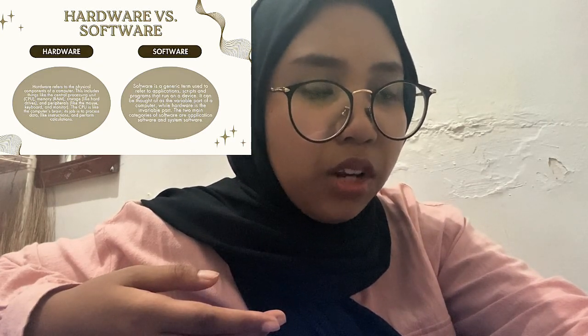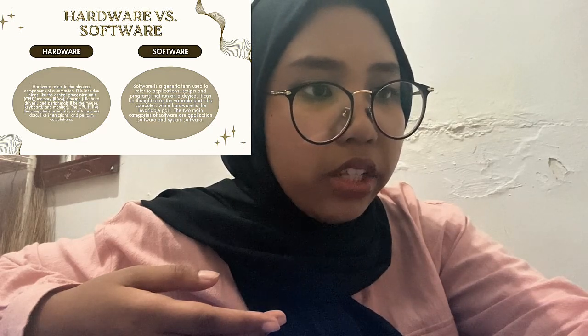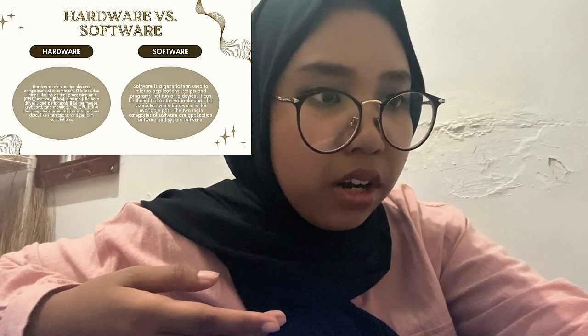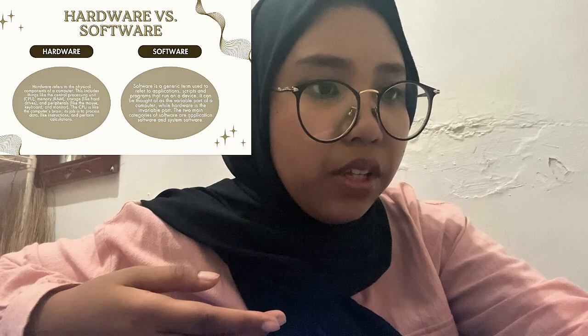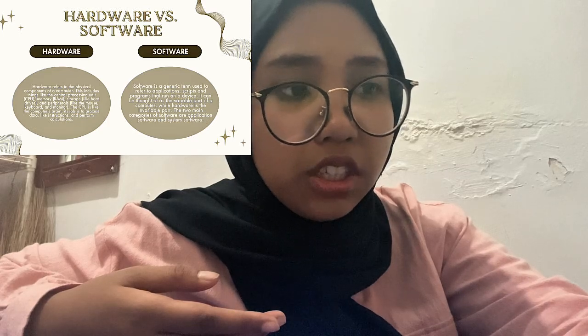Hardware versus software. Hardware refers to the physical components of a computer. This includes things like the central processing unit, memory, storage, and peripherals. The CPU is like the computer's brain. Its job is to process data like instructions and perform calculations.